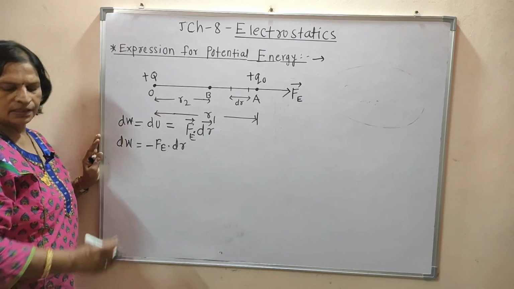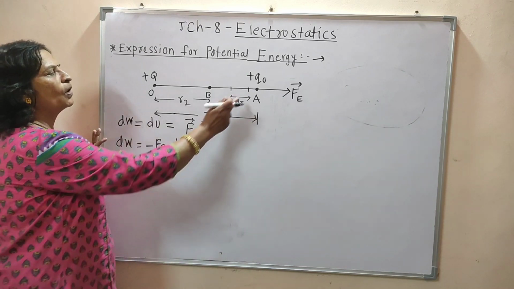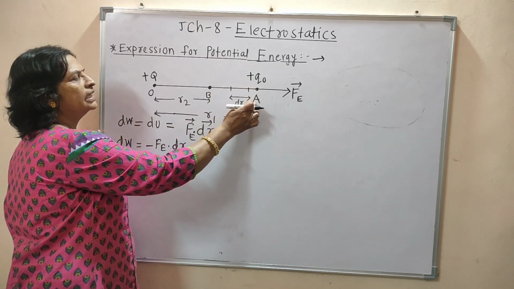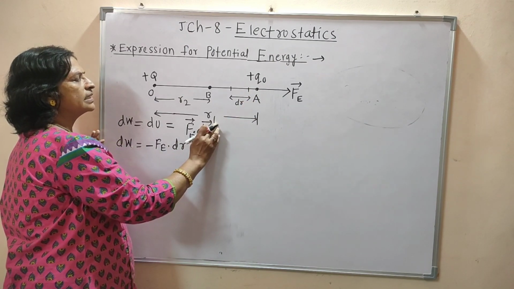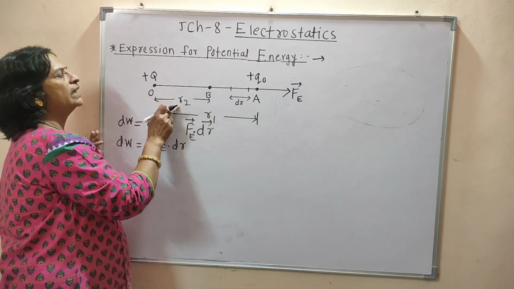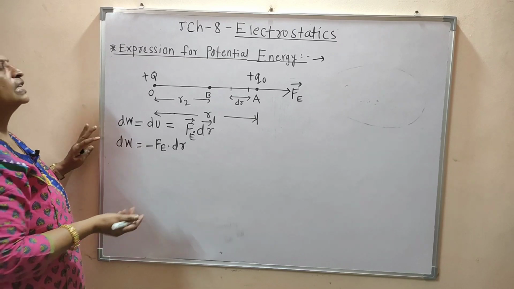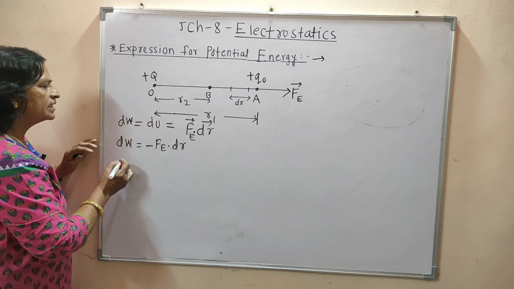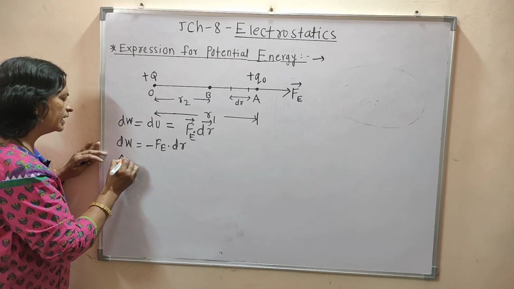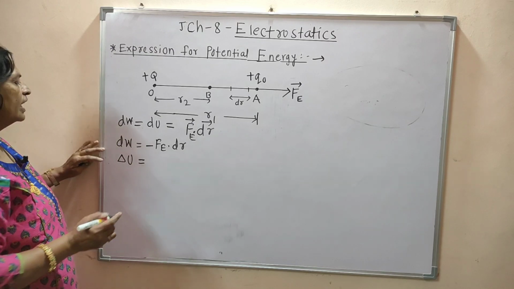Then the total work done: we have to displace this charge from A to B. Point A is at distance r1 from this charge, and point B is at distance r2 from this point charge. The total work done in displacing through this distance is nothing but the integration of this, and that total work done is stored in the form of the change in potential energy.